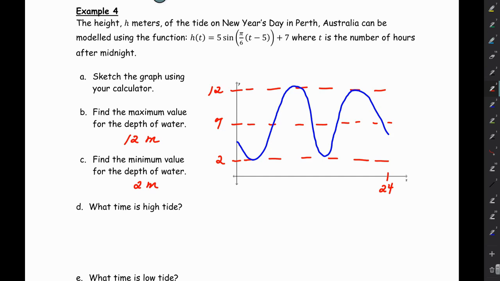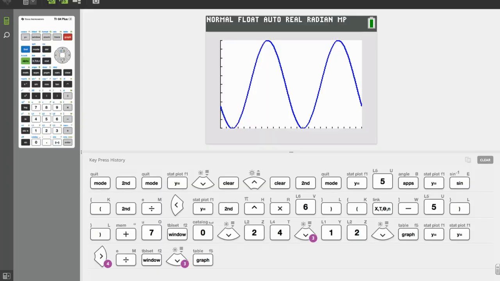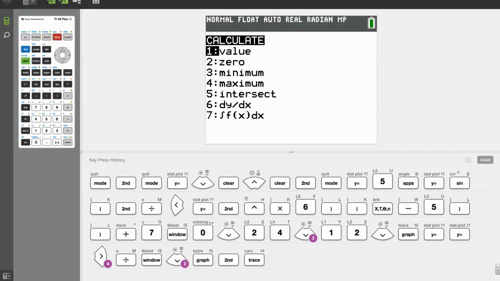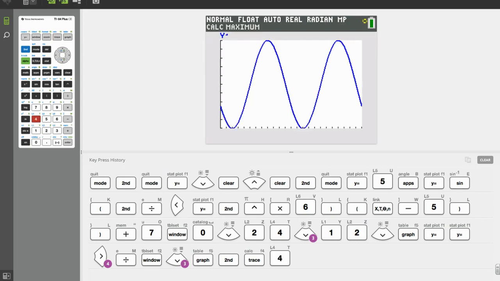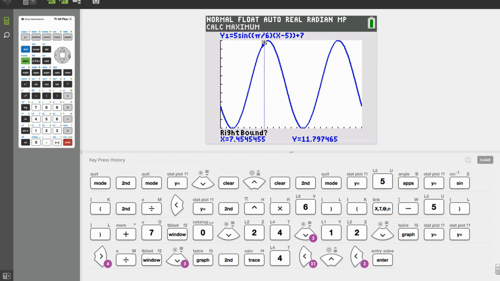So we need to look at both the maximum values on our graph to find the times. We're going to do second calc, number 4. We're going to move a little to the left of our first maximum point. Hit enter, move a little to the right, hit enter and hit enter.